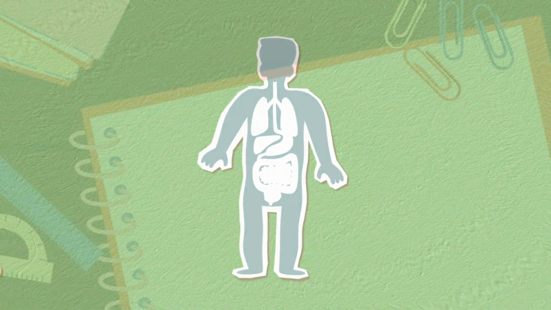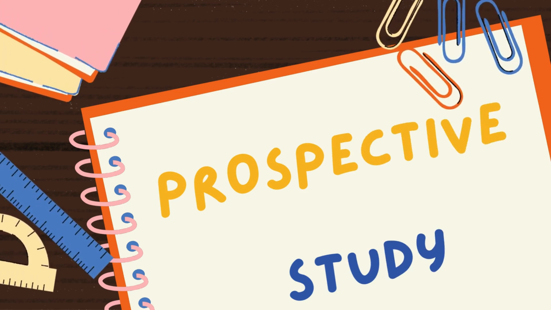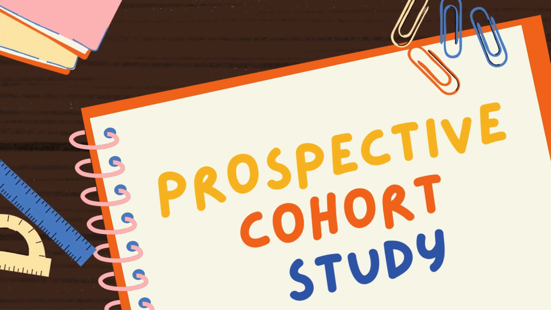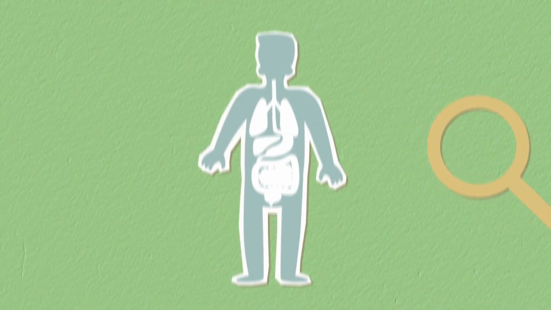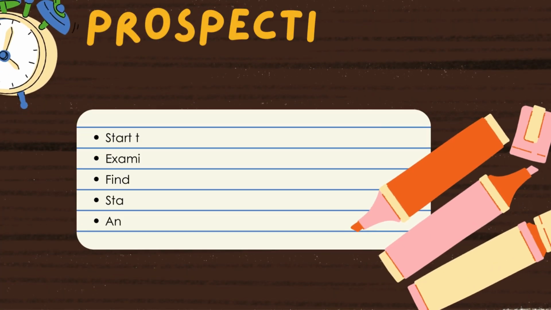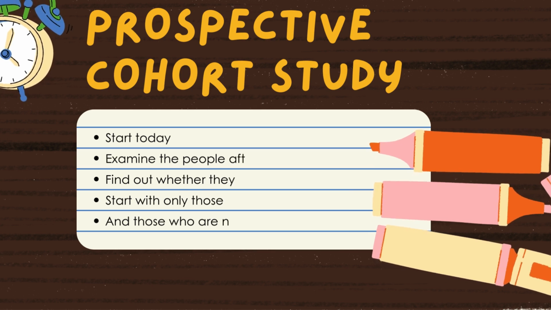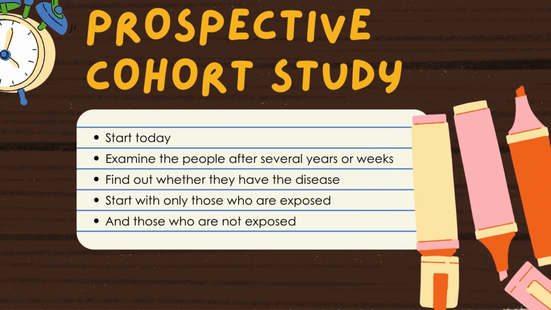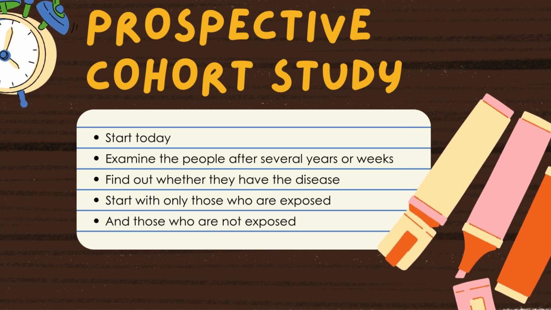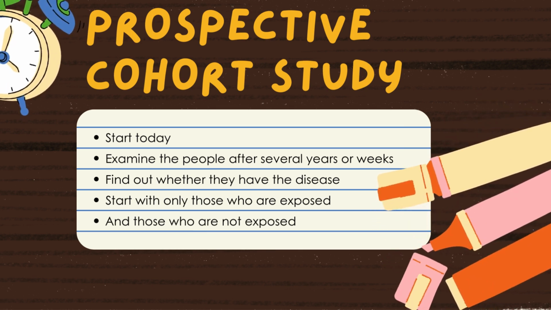This is what we call a prospective cohort study, where we follow up people over time and find out whether they get the disease. So we start today, then we examine the people later after several years or weeks or months, and find out whether they have the disease. So we start with only those who are exposed and those who are not exposed.